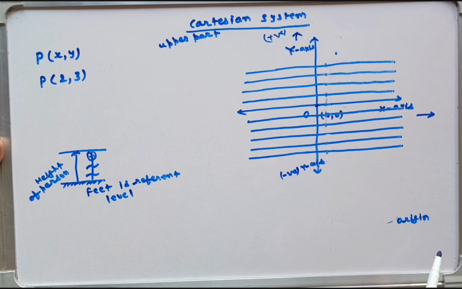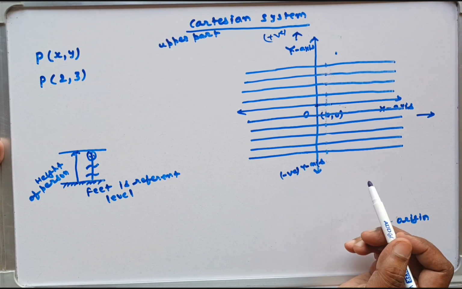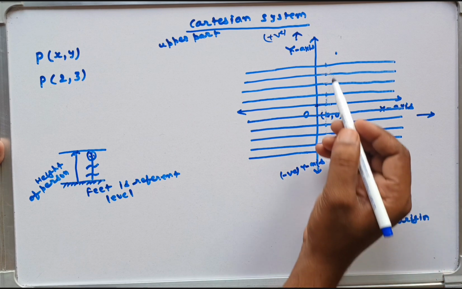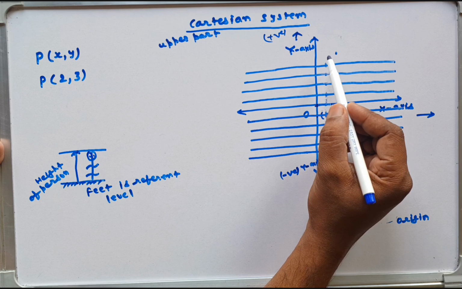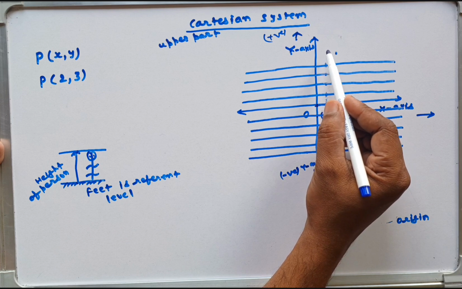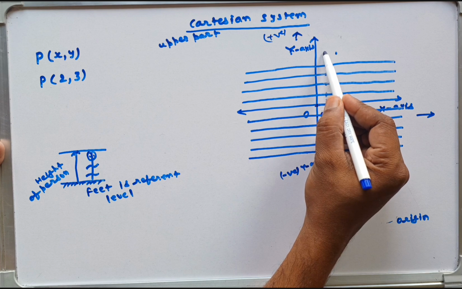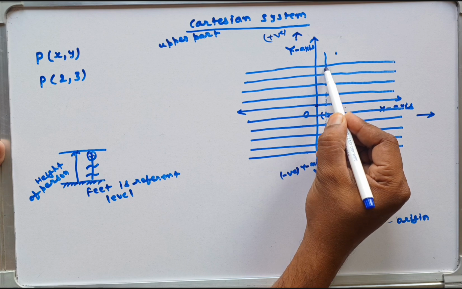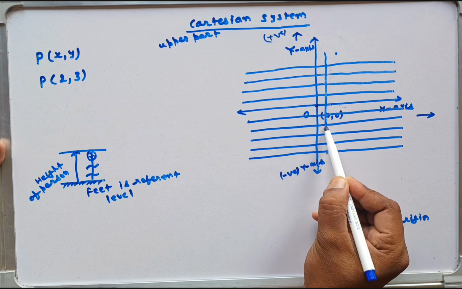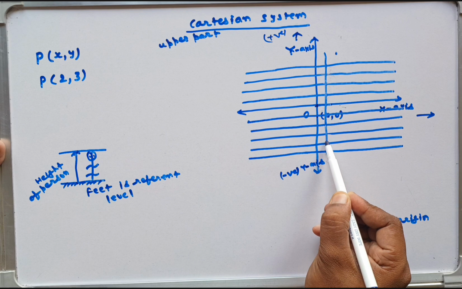Okay guys, you have seen in graph paper there are also many vertical lines parallel to the y-axis which form small squares.